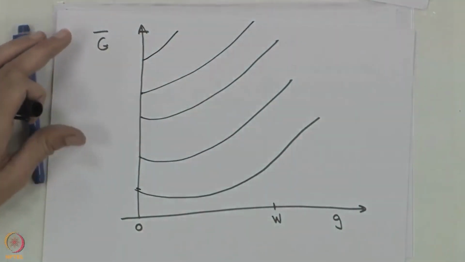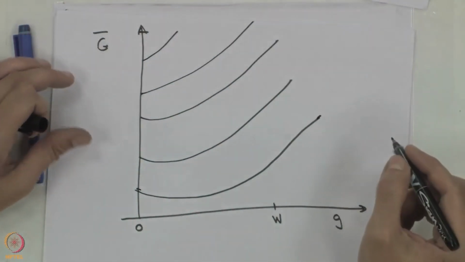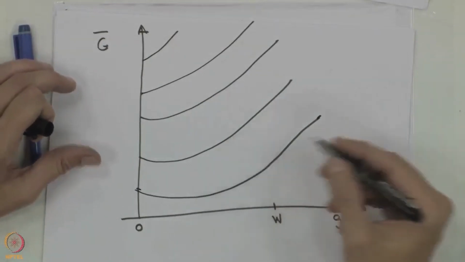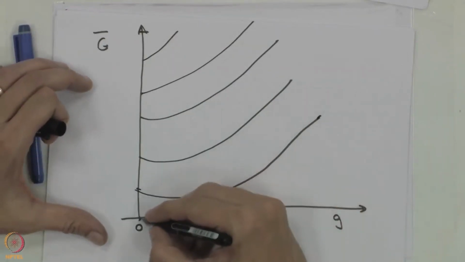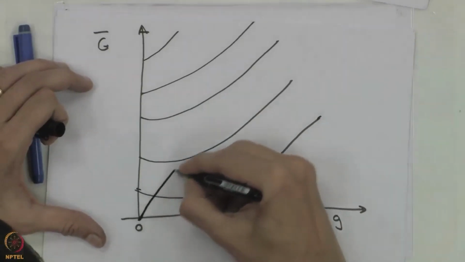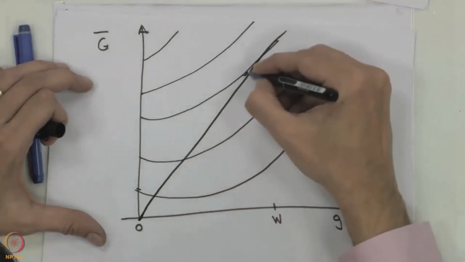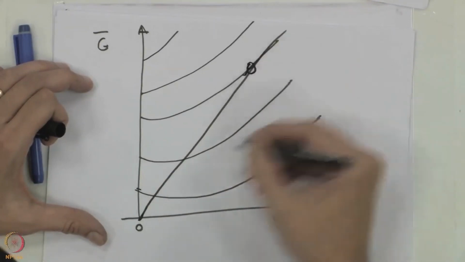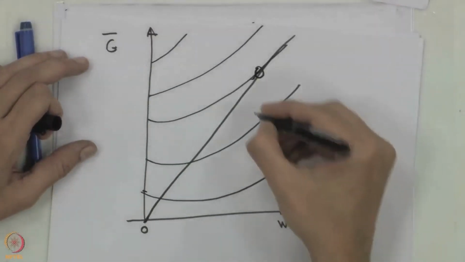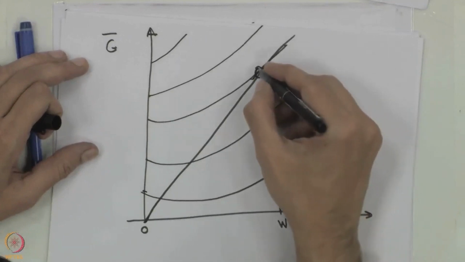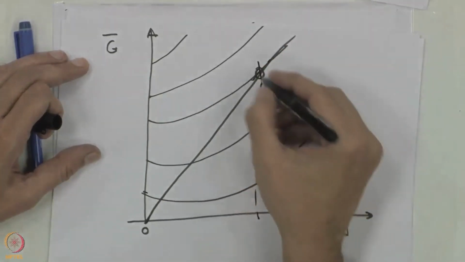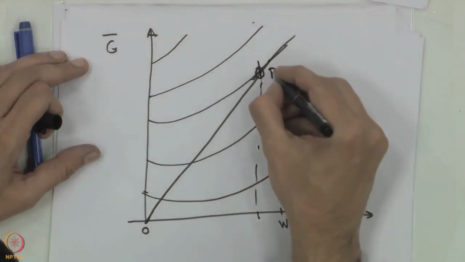Now, if we have a situation where we know that there is cooperative action, then we will have a line with the slope of n minus 1, and the point where this is tangential to the utility function will be the best response.